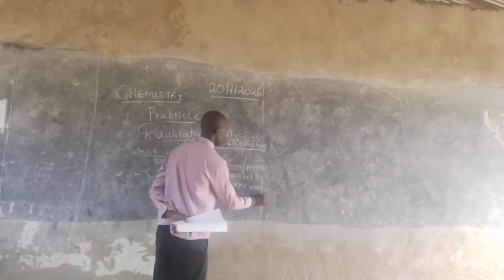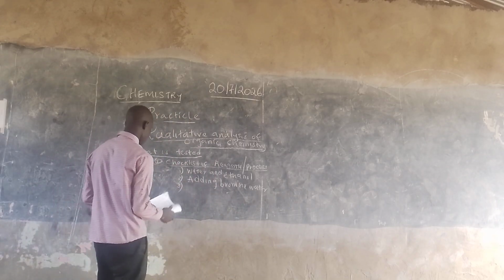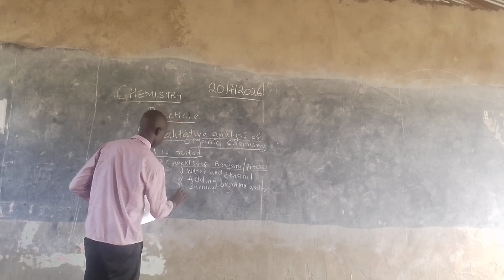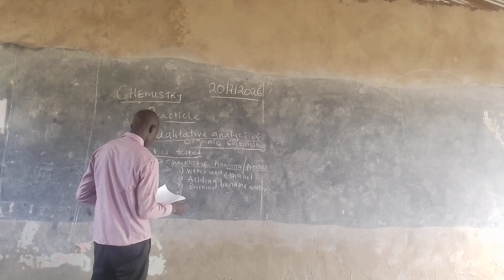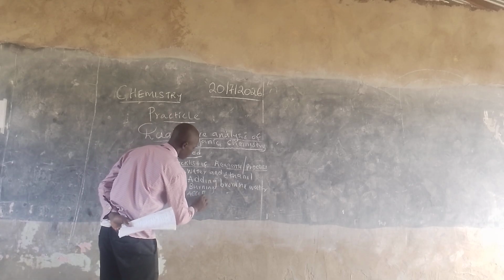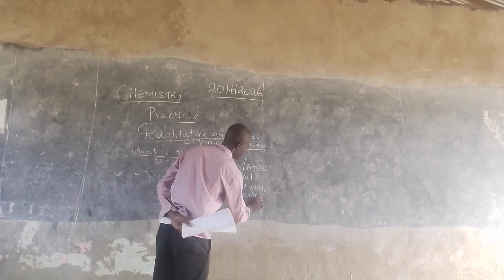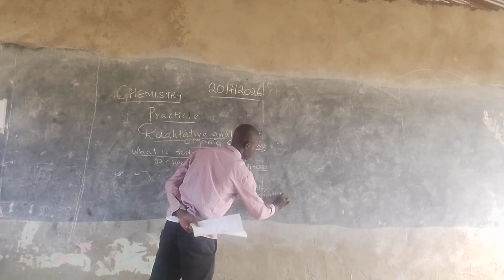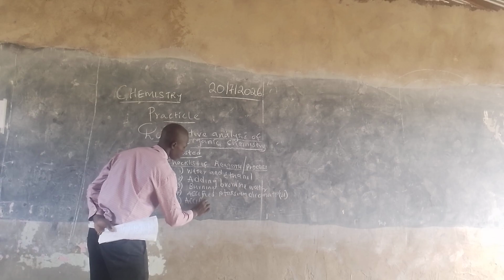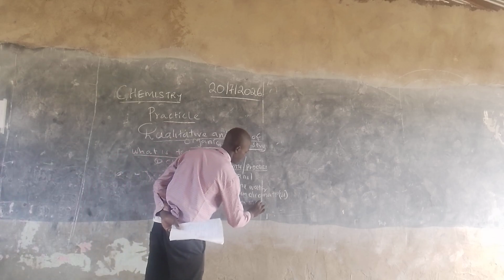There's a very big difference between bromine water and water. Water can be distilled water. Then number 3, we also look at burning. Number 4, we will look at using acidified potassium dichromate 6. Then number 5, acidified potassium manganate 7.